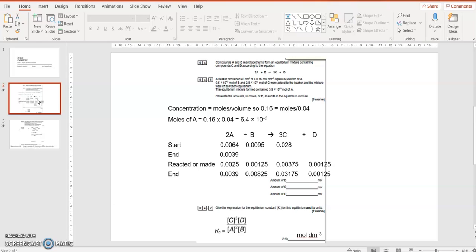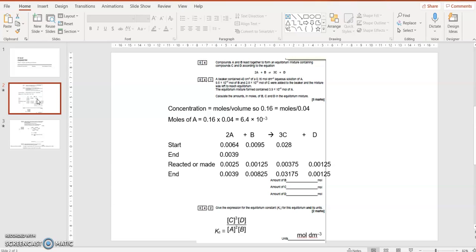It says that at the beginning I've got 6.4 times 10 to the minus 3, or 0.0064 moles of A. It tells you how much B there is, 0.0095 or 9.5 times 10 to the minus 3.